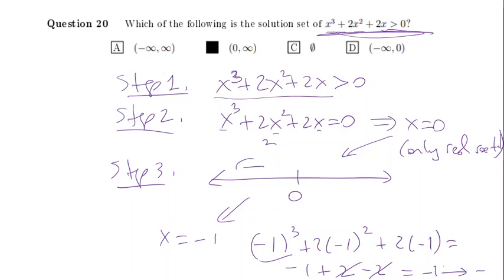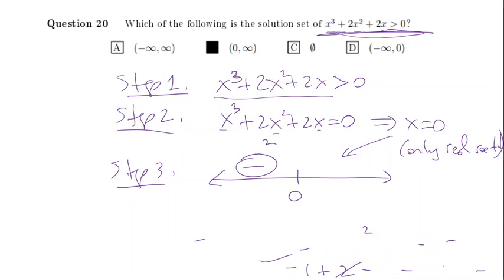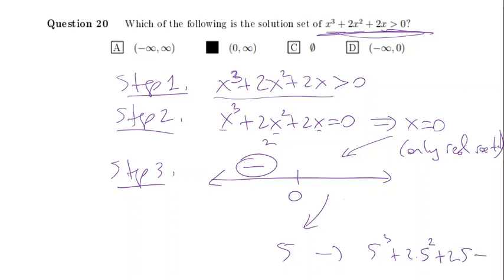So you can write minus here, and you can take any value here, like 5. Here it will be 5 cubed plus 2 times 5 squared plus 2 times 5. It's definitely a positive number because there is no negative, so you can say it's positive here.